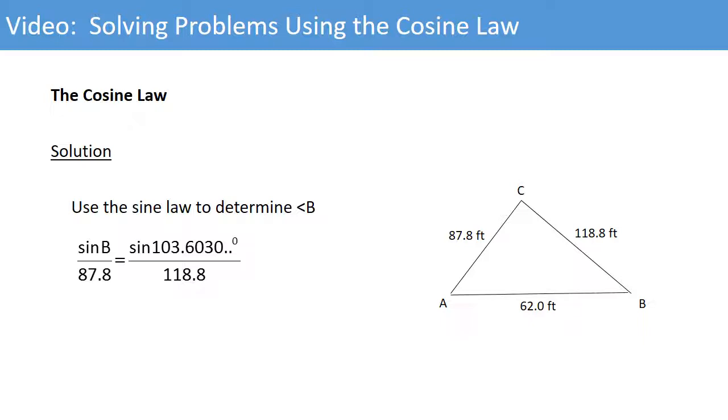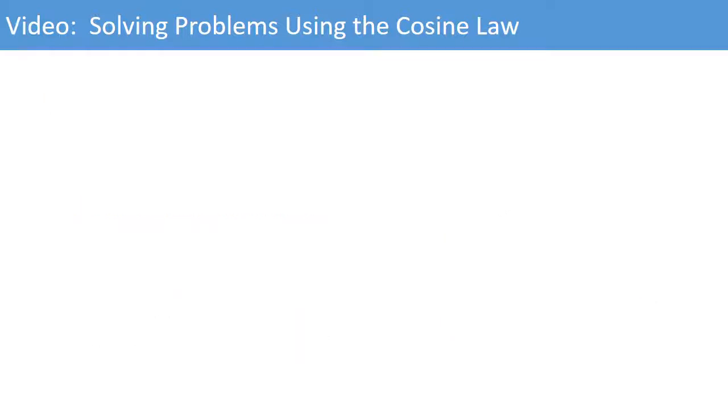Sine B over 87.8 is sine of 103.6031, and so on degrees, which we found in the previous slide, all divided by 118.8. We would then cross multiply and get 87.8 times the sine of 103.6030 degrees divided by 118.8.